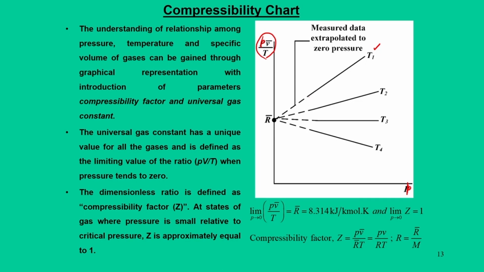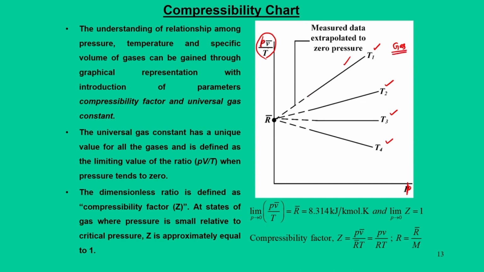That means we find P corresponding to PV bar by T at a given T1 to get the first graph. The second graph is taken at temperature T2, then T3 and T4, and this is done for a particular gas.